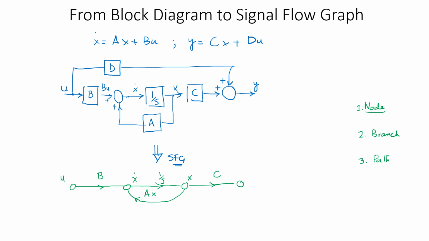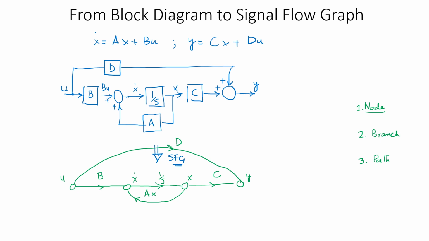That is going to give you another node over here, which corresponds to the output Y. On top of that, this node generating Y was having another branch connected to it using D as a gain. So let me add that, and that starts from U all the way to this point with a gain of D.